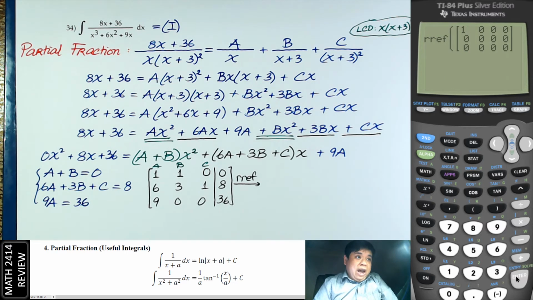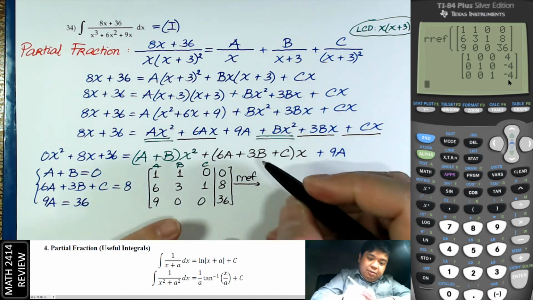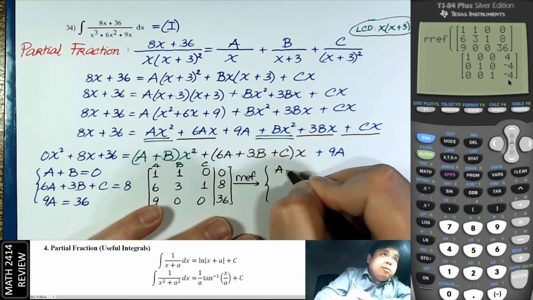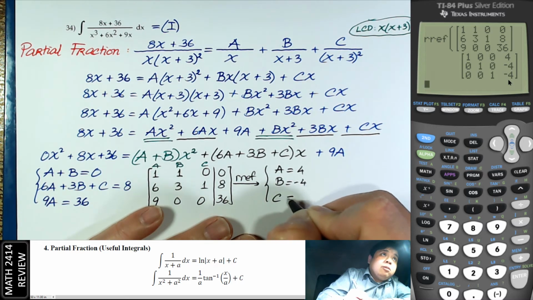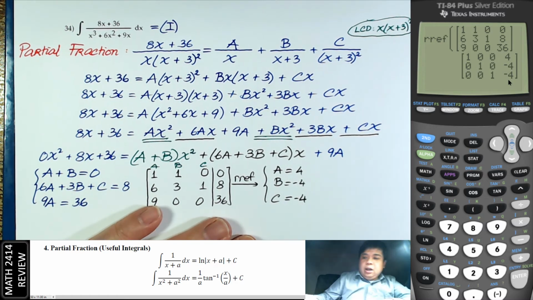One, don't hit enter here, just go next. 6, 3, 1, 8, 9, 8. Only hit enter when we're done. So A, B, and C. So it's not that bad.